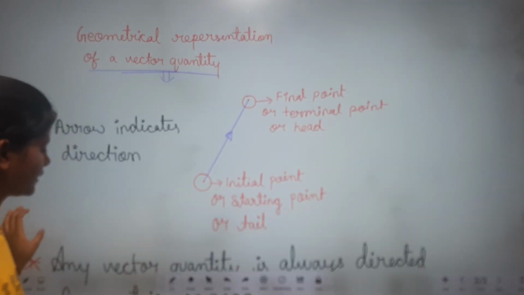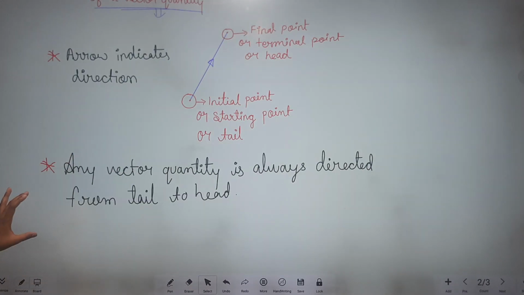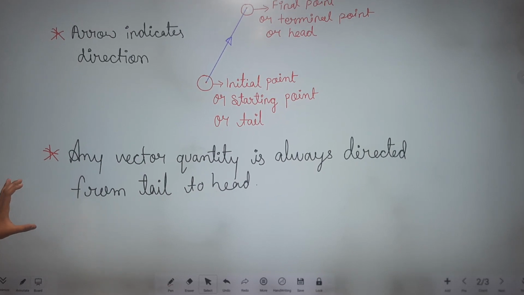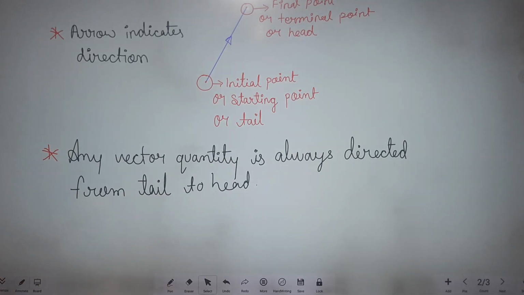Okay, so the arrow indicates direction, and here is a point related to the geometrical representation of the vector quantity, that any vector quantity is always directed from tail to head. Okay, from tail to head.